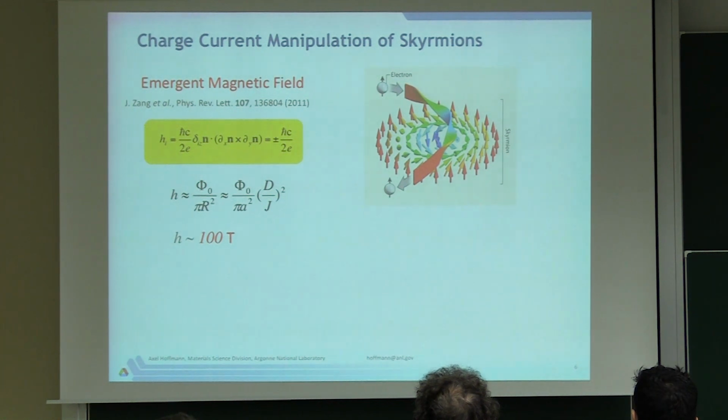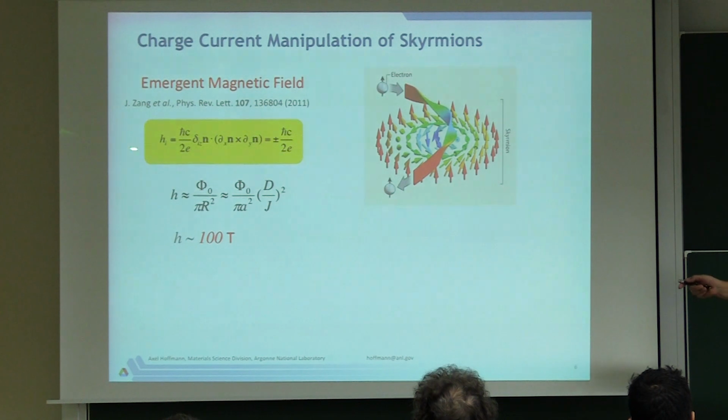Namely, if you take such a magnetic material where you have a skyrmion, and then you take an electron that moves through such a skyrmion spin texture, and the spin of the electron adiabatically always follows the local spin texture, it means that the spin rotates as you move it through such a spin texture. It's a little hand-waving, it's more complicated than that, but in essence it means that the electron sees an emergent magnetic field that gives rise to this spin rotation.